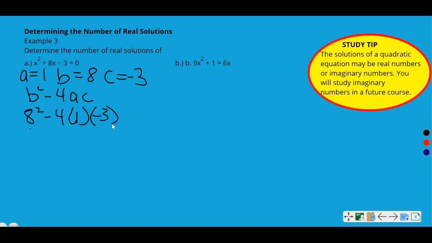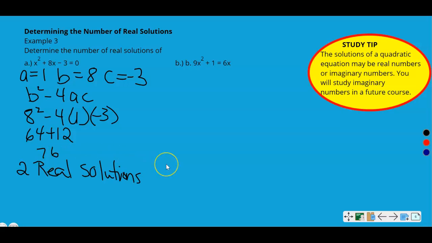So we're going to have 64 minus 4 times negative 3, which is plus 12. 64 plus 12 is 76. Since that is a positive number greater than 0, we have two real solutions. And that's all we wanted, was to figure out how many solutions we have. So two real solutions because the discriminant is positive.